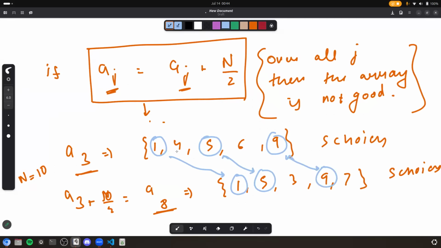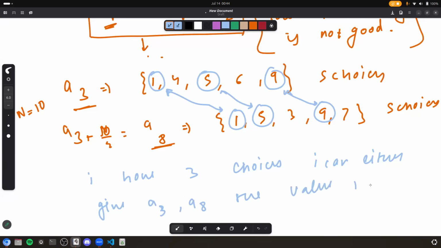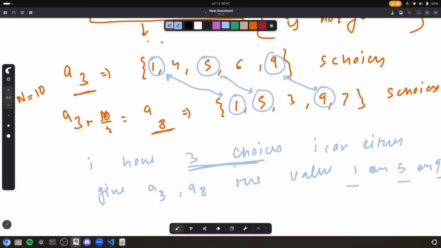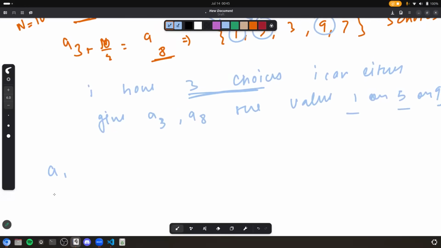So basically I have 3 choices. I can give A3 and A8 the value of 1 or 5 or 9. I have to give one of these values.